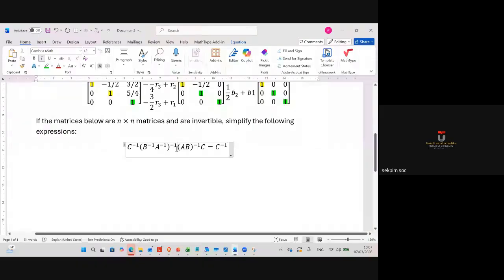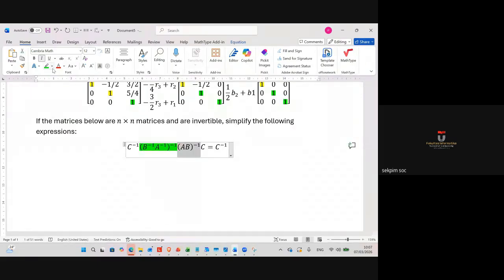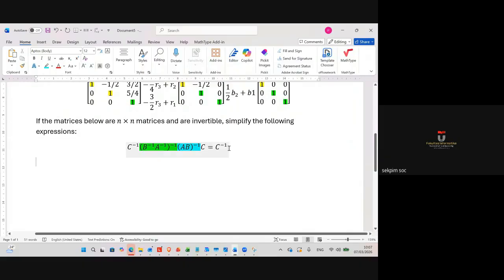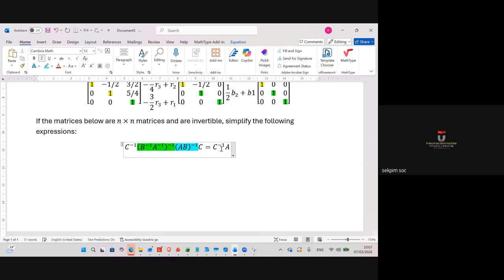And we can start from this part, right? Let me make colors on that. This part is just using the property of the inverse. It's just A inverse inverse, right? A inverse inverse is just A times B inverse inverse. B inverse inverse is just B.